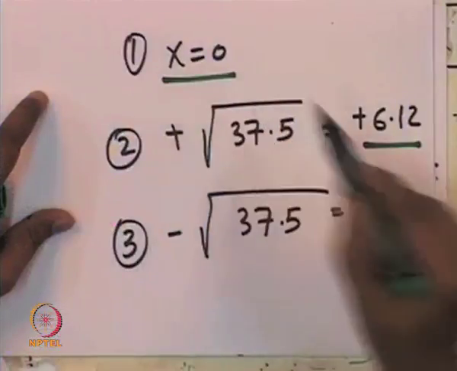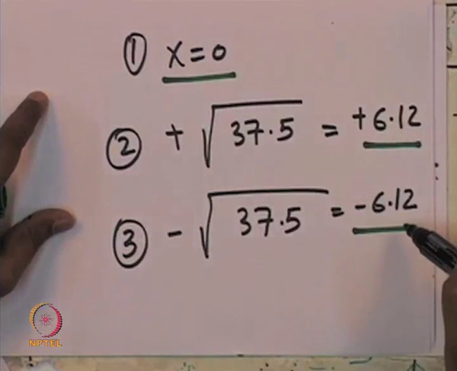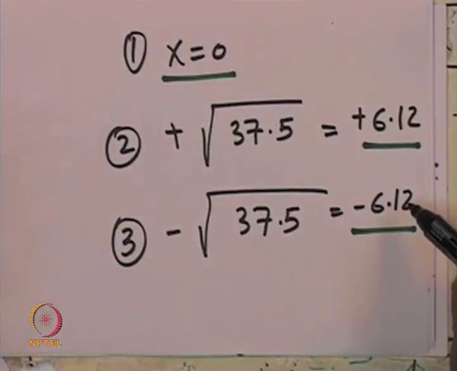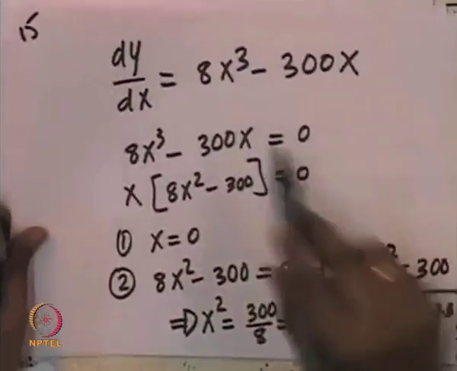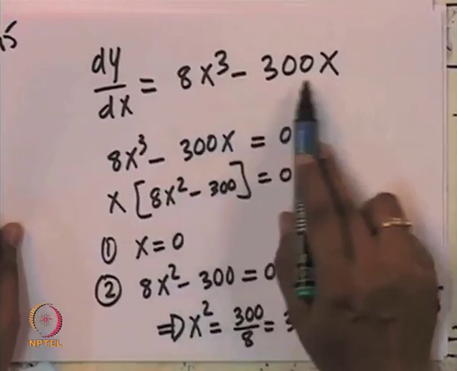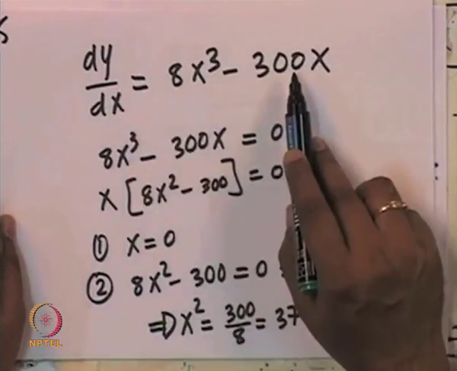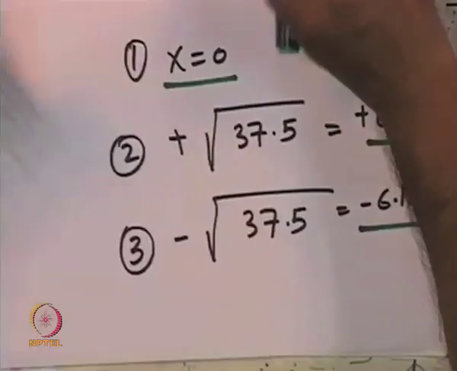So, now we will find the second derivative and see whether they are maximum or minimum. Let us have a look here once more. The 3 points we found are x equal to 0, plus 6.12 and minus 6.12, and the derivative we got was 8 x cube minus 300 x, that was the dy by dx. Let us go ahead from here and find out the second derivative.